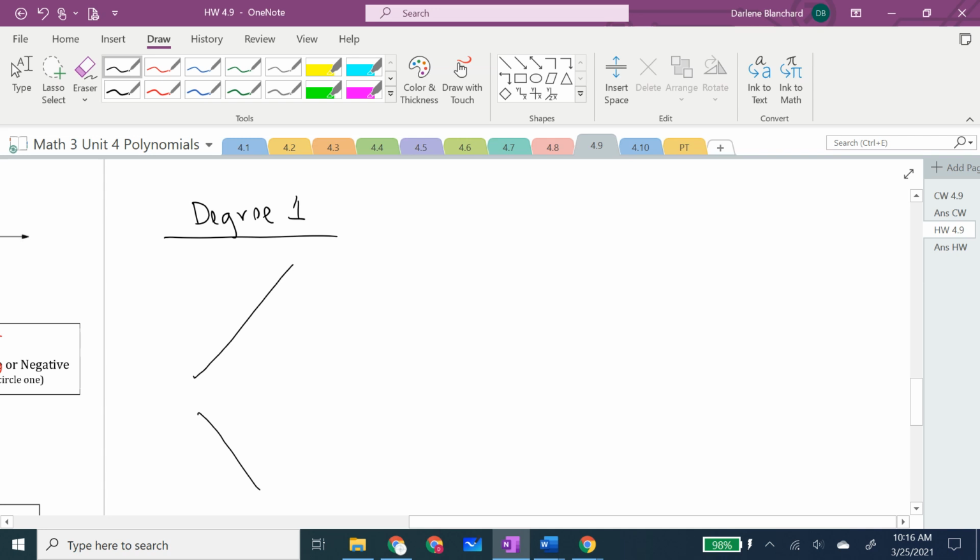It doesn't have any relative minimums or maximums. You know, before you came into this class, you knew that, and you also knew that with degree 2, you got parabolas. Parabolas have only one turning point. They have one relative minimum or they have one relative maximum. So it's really about the pattern.